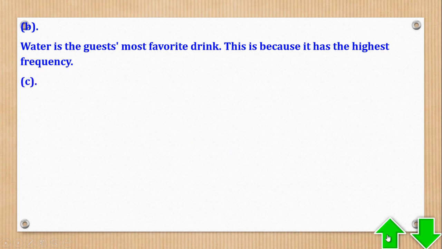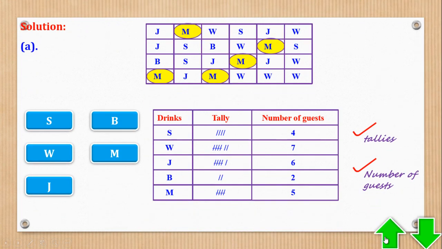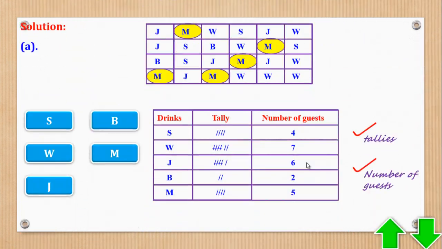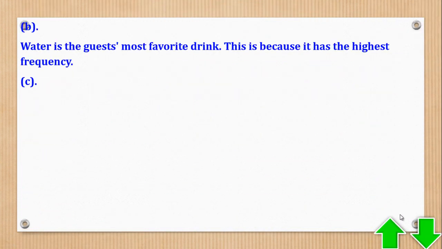Okay, then task C, find the percentage of your guests that ordered for fresh juice, giving your response to 3 significant figures. Percentage that ordered for fresh juice. So come here and say fresh juice, which is J, is 6. 6 over the total, which is 24, times 100, will give you the percentage.